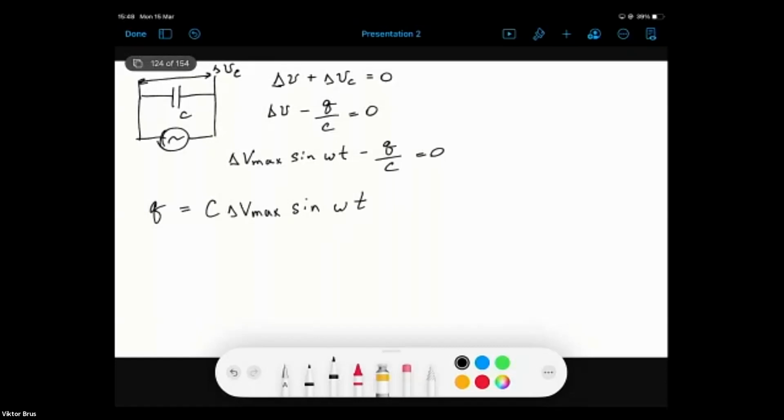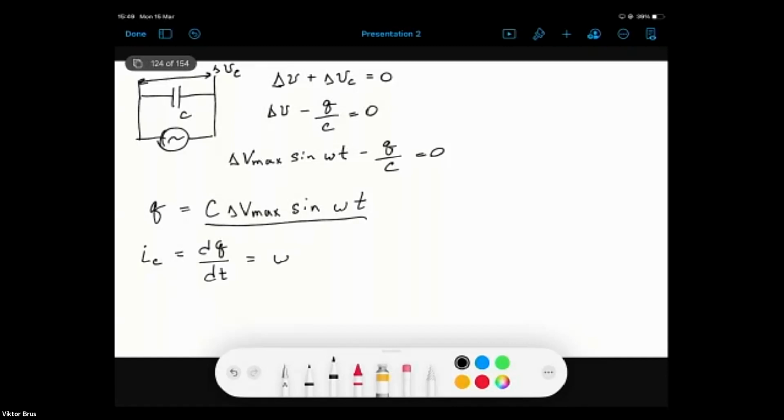So now, again, we want to determine what will be the instantaneous electric current flowing through this capacitor, IC. So in order to get it, IC will be equal to the rate of flowing of electric charge through the capacitor per time. That will be dq over dt.